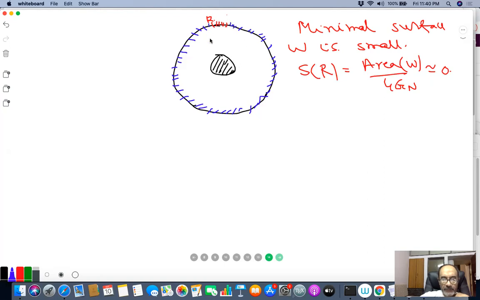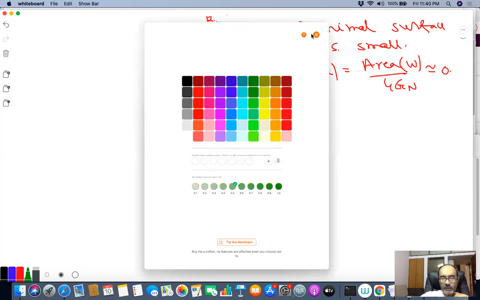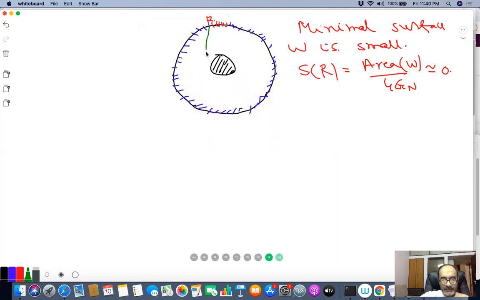Here the problem is that we cannot choose this one, because this is not homologous to this region. So we can choose a surface, it could be something like this. But if W is really small, then the minimal surface is not this one.